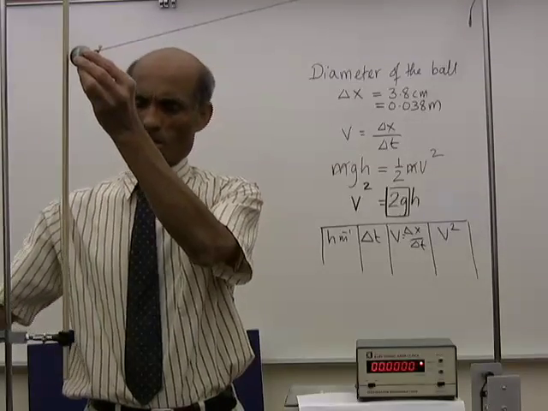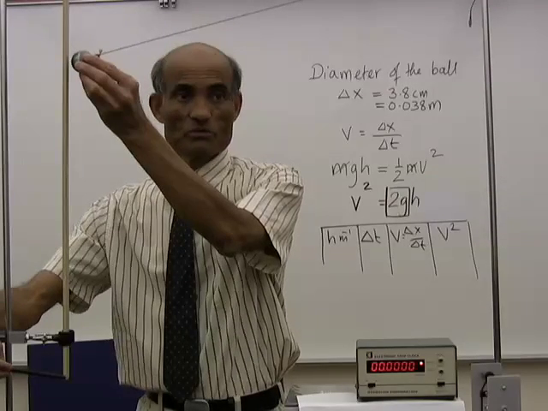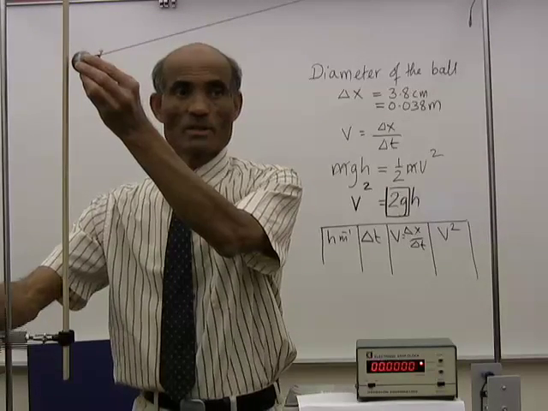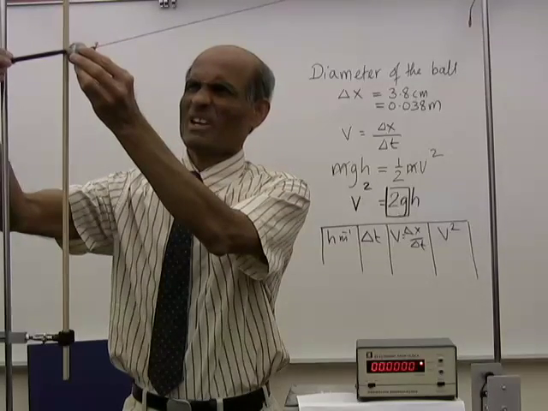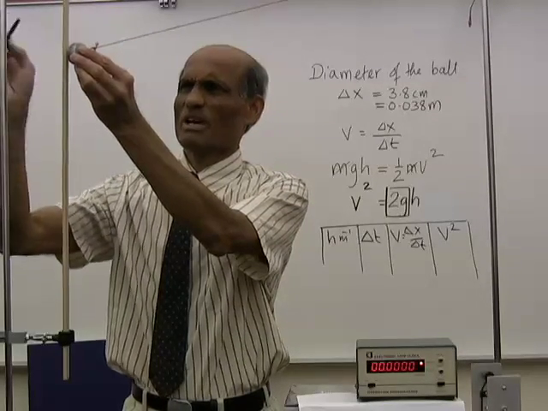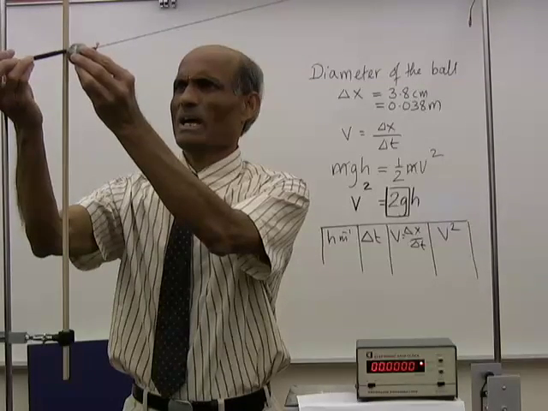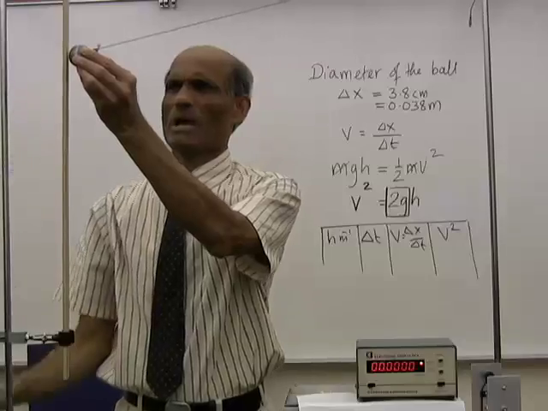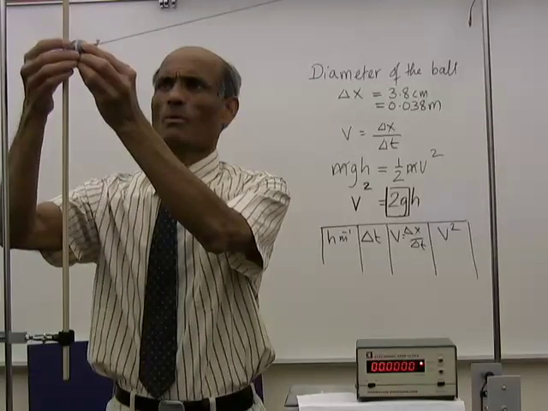So this time you measure the height from this point to here. There you are. That's the point where the center of the bob is. Okay. Measure that height and I'm going to let it go.